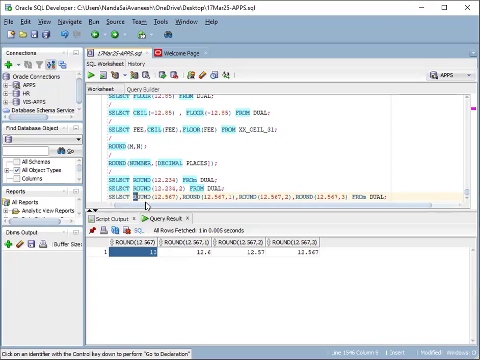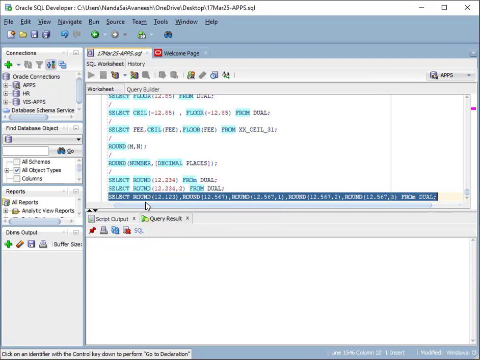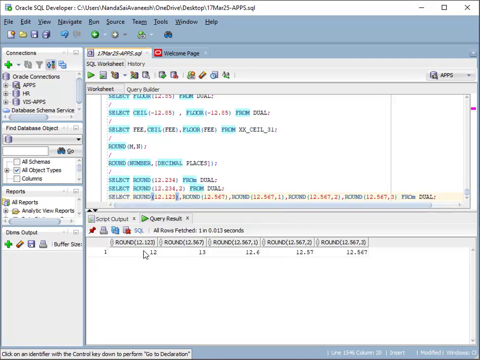Suppose you take the same below this, 12.123, then it becomes 12 here.